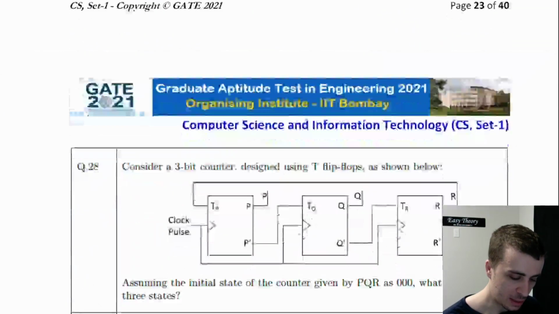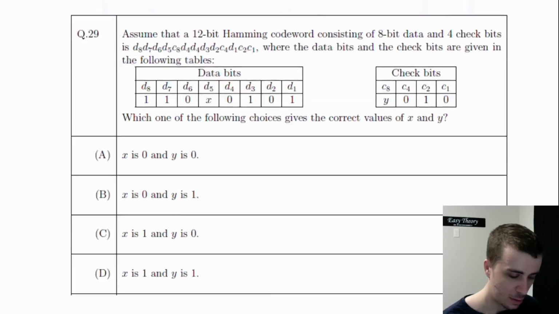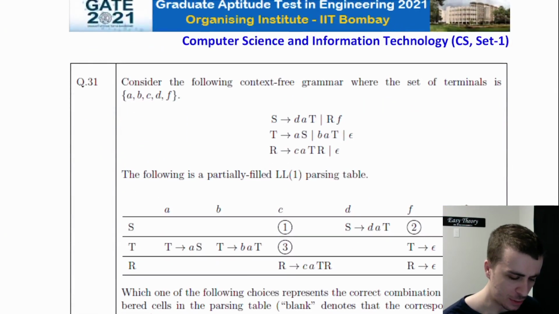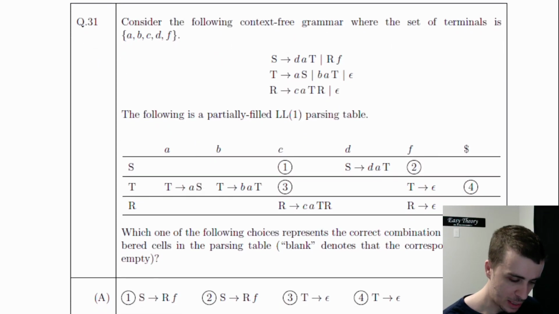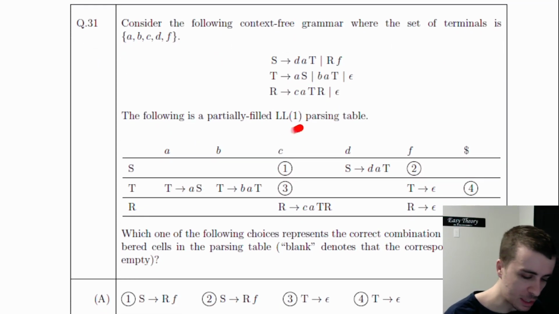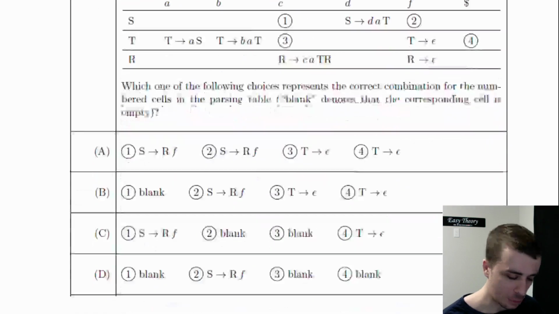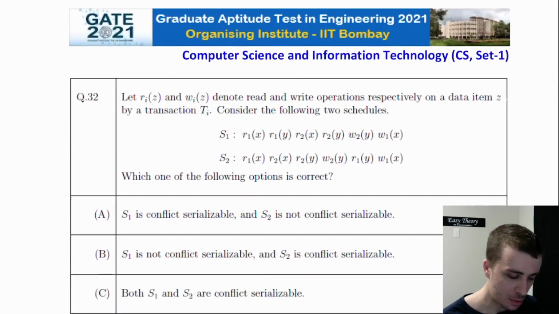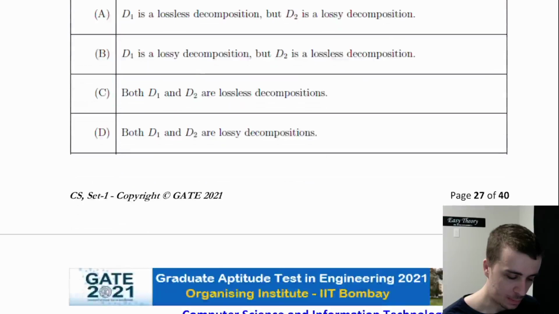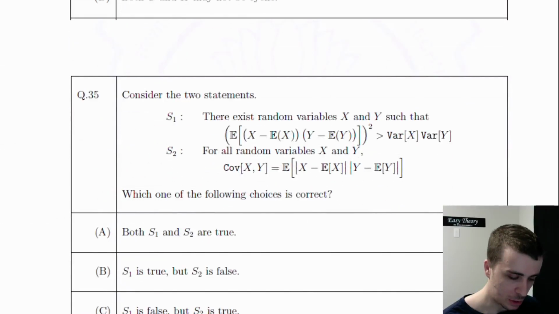Not theory, that's Boolean algebra stuff. There's a lot of questions in the first part. Okay, so we have something that's based on LL parsing, and I don't know much about that, at least right now. So we got a bunch of relation type stuff.